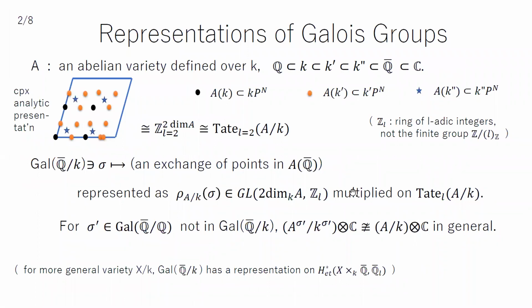So suppose that we have an arithmetic model, and let me think of the more restricted case where the variety is an abelian variety rather than a most general variety. Suppose the abelian variety is defined over the number field K, which sits in between Q and C. Within this abelian variety, which looks like an elliptic curve, there are torsion points: 2-torsion points, 4-torsion points, and so on.